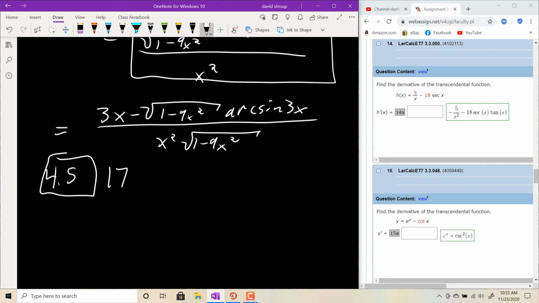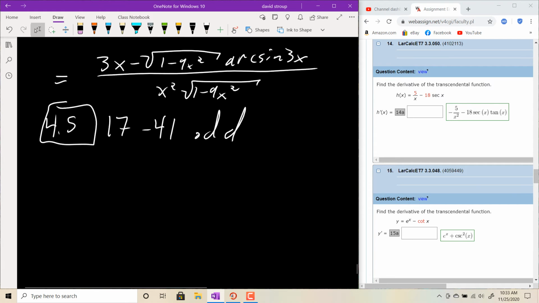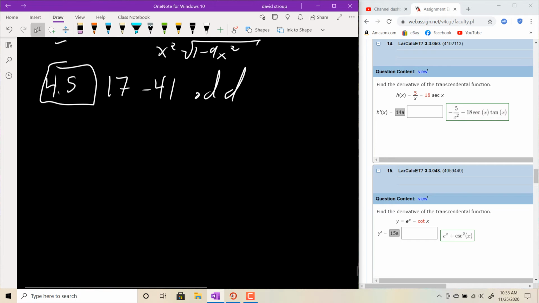Okay, 17 to 41 odd, and we have limits to infinity. Okay, so these are pretty simple. It's like you're just circling the high degree terms and kind of figuring it out from there.